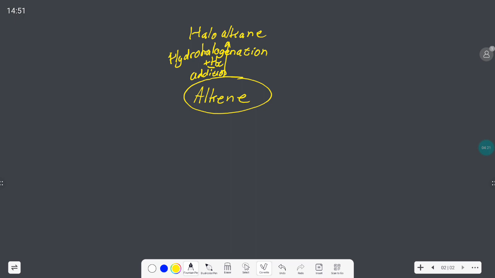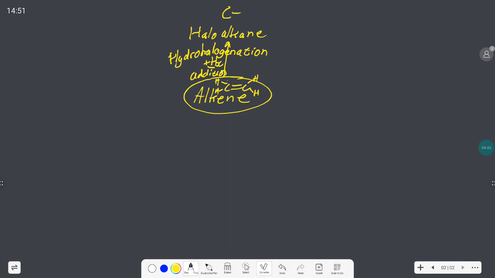No, it's a haloalkane because if we look at the structure of an alkene, for example, let's take ethene as an example. If I take ethene, for example, if I add with hydrogen and a halogen, what will be my new haloalkane?